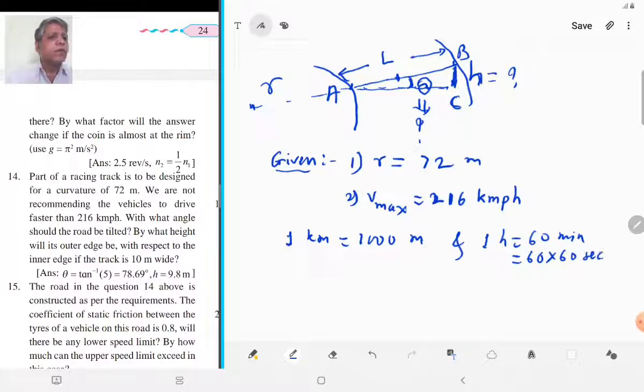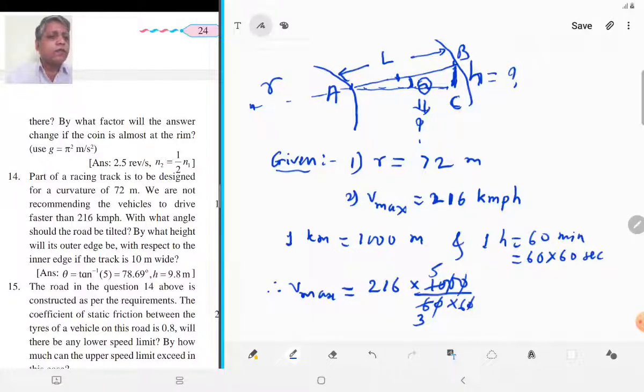Therefore, Vmax is equal to 216 into 1000 upon 60 into 60. 0 0 get cancelled. 2 1s are 2, 2 3s are 6, 2 5s are 10.